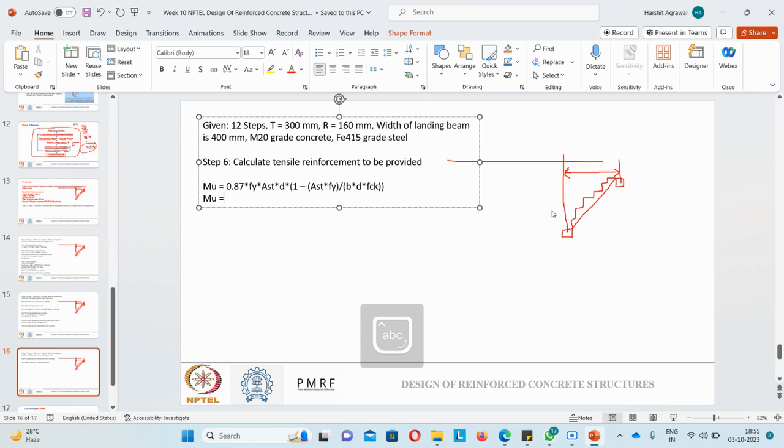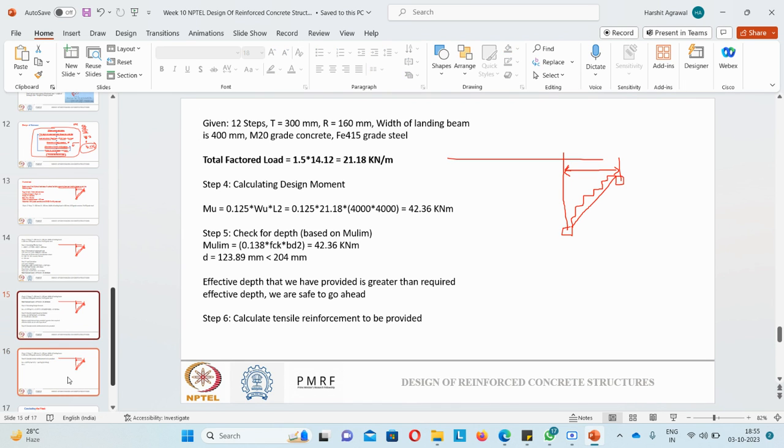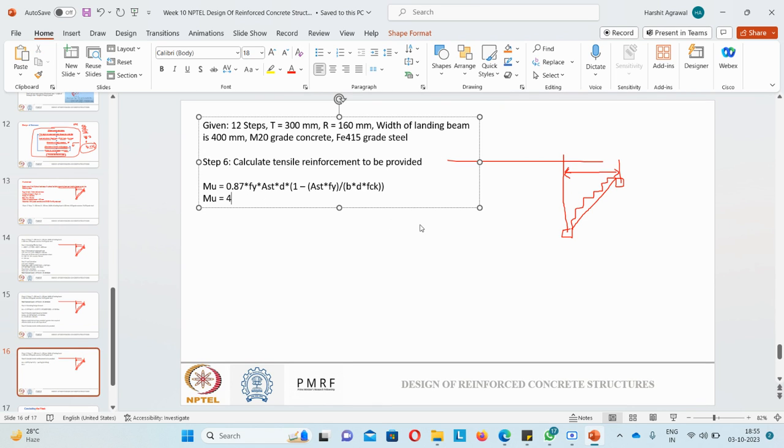We know Mu is equal to 42.36 kilonewton meter, Fy is 415 Newton per mm square, fck is 20 Newton per mm square, b is 1000 mm and small d is 204 mm.